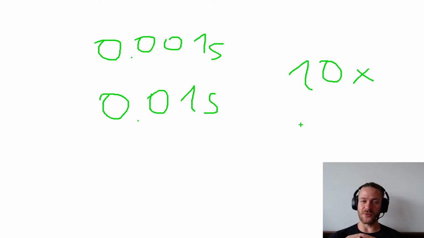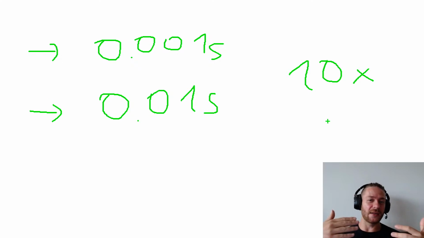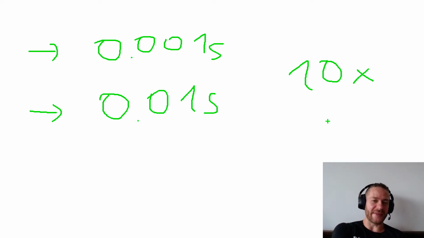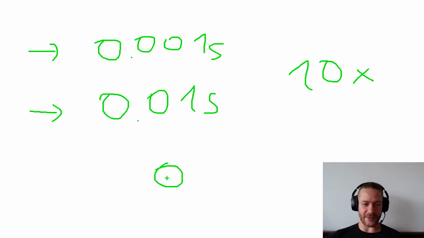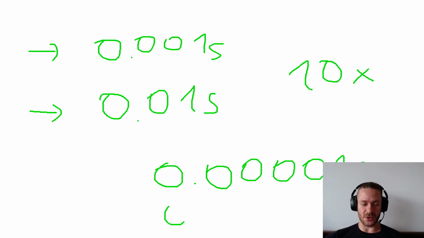But in terms of practical performance, both sites are super fast because our eye can transform visual data to a certain extent. It doesn't matter whether something is 0.0001 seconds or 0.001 seconds.